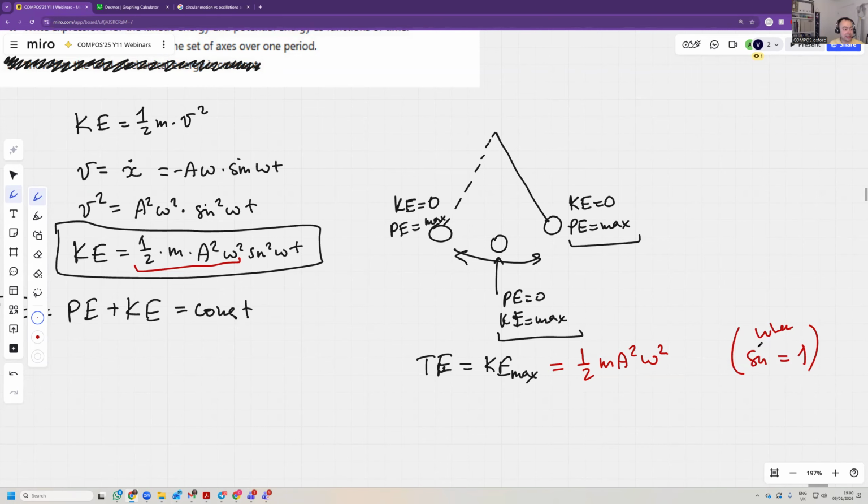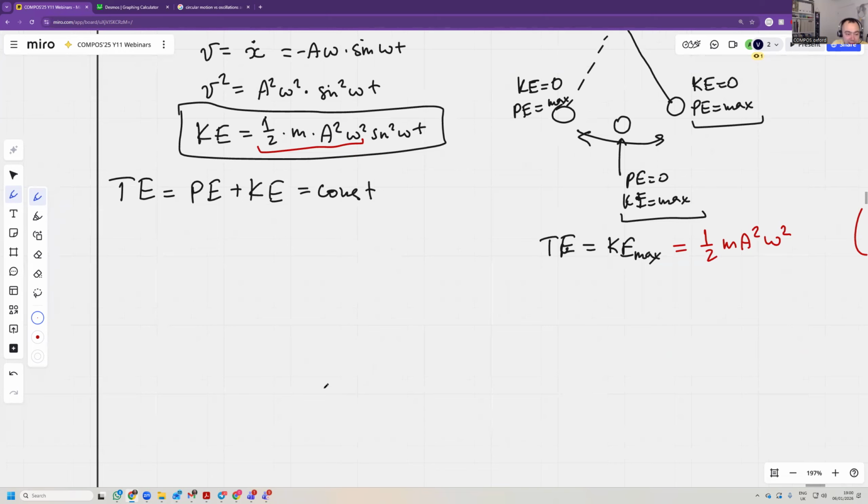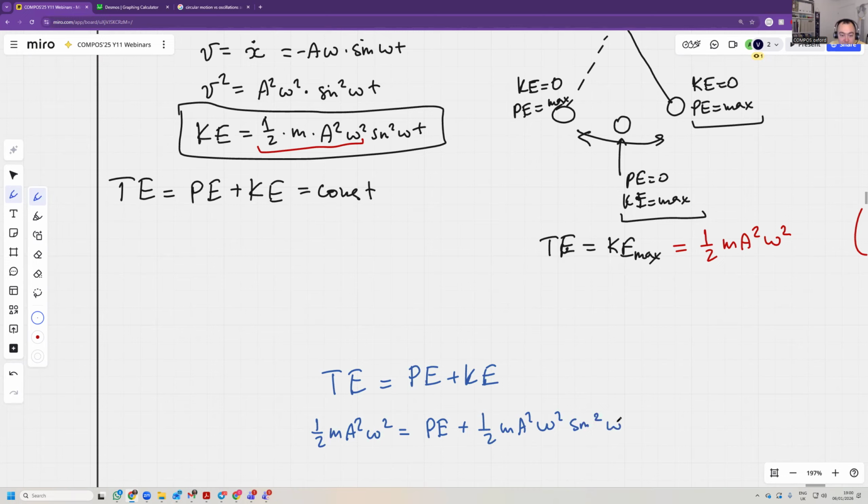And that's really cool because now we can rewrite that equation. So total energy is equal to potential energy plus kinetic energy. And total energy is 1/2 m a squared omega squared. Potential energy is what we're looking for, plus kinetic energy, which is 1/2 m a squared omega squared sine squared omega t.